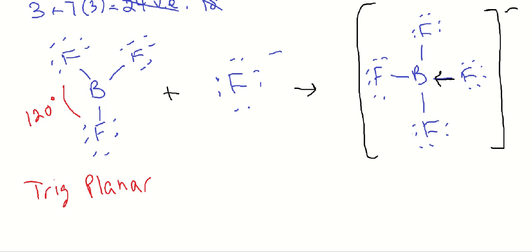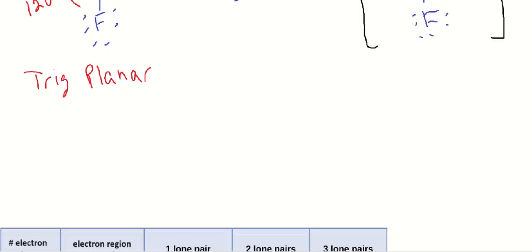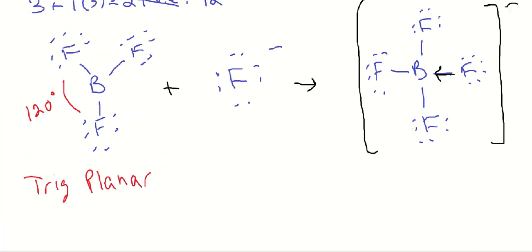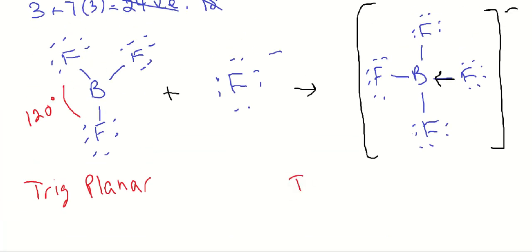So now that we have 4 regions of electron density, and there are no lone pairs, that molecule is tetrahedral in shape, with bond angles of 109.5.